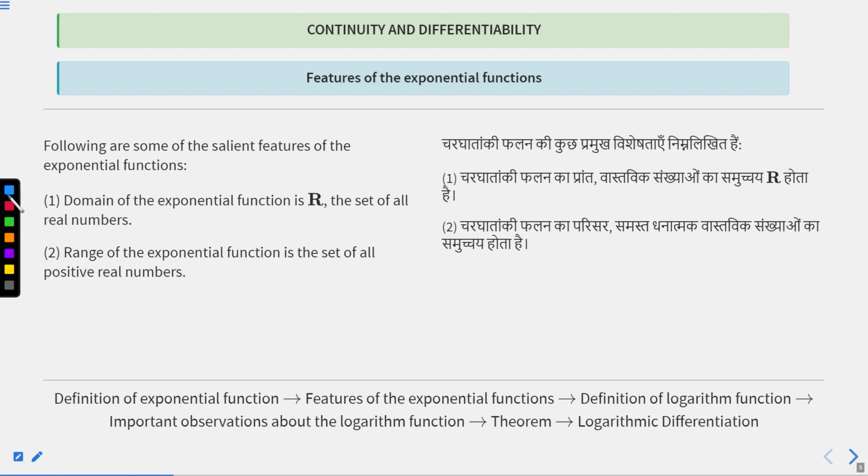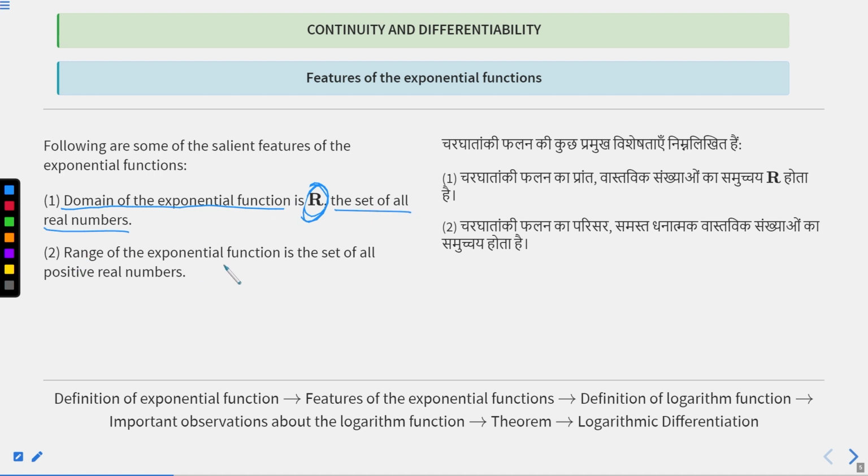Now we will see some observations, some features, the conclusions of those studies. First, the domain of the exponential function is the whole of R, the set of all real numbers, which is the open interval minus infinity to infinity.